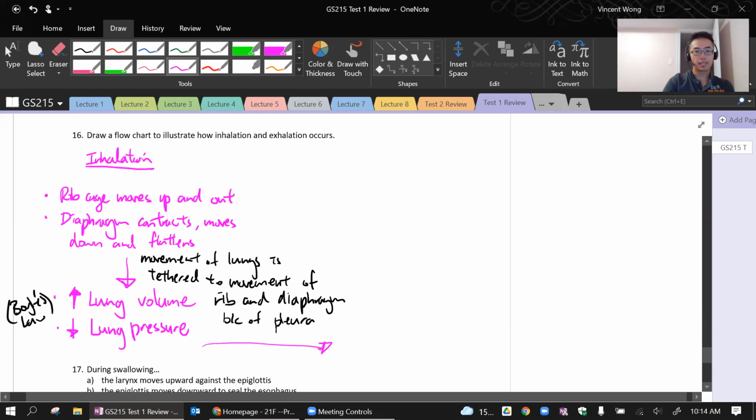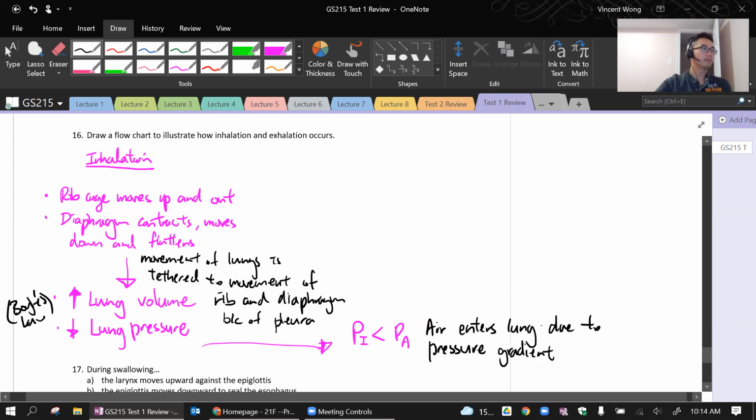Okay, and then what happens is when PI is less than PA, right? Air enters the lung, right? Due to pressure gradient. Okay. Fluid, right? In this case, air goes from high pressure to low pressure.